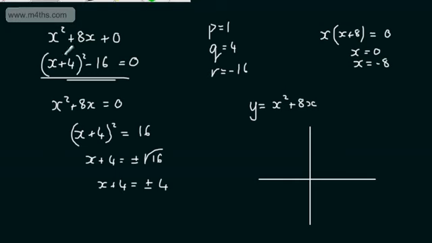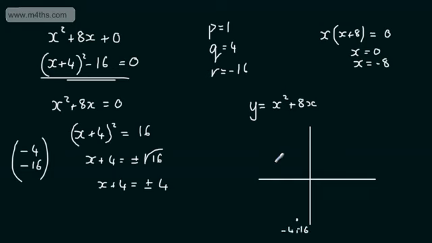So whatever the value is in here, we're going in the opposite direction. And if you've done any graph transformations, that should make sense. So we're going left 4 and we're going down 16. So let's put that point just there, and this would be the minimum point. So this point right here would be minus 4, minus 16.